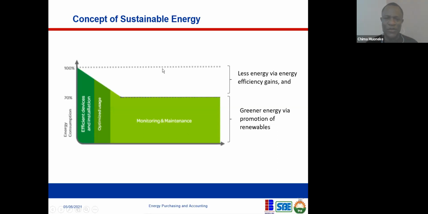So if you're able to reduce the energy consumption in your facility by 30%, then it is expected that the remaining consumption should be switched to a renewable energy source, which is where we get the whole concept of sustainable energy development. You reduce your energy consumption, then you generate your required energy through a renewable energy source. Once you combine these two successfully, then you can say you have achieved a 100% sustainable energy system.